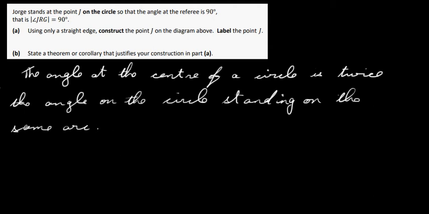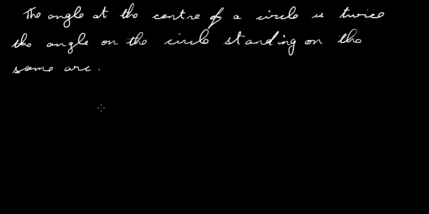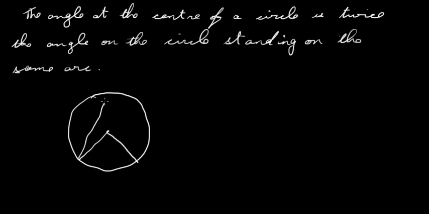Now you could even draw a little sketch here. You're probably not required to go into this much detail, but if you have a circle like this, you get the idea anyway.